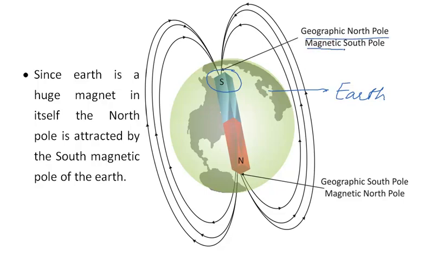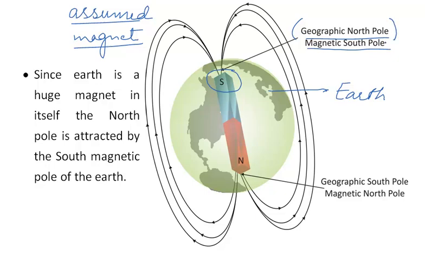This bar magnet is an assumed magnet. Actually there is no magnet inside. It is only assumed that a magnet is inside. Now if that magnet is there, then the south pole of that magnet will be at the geographic north pole. Please keep this point in mind.